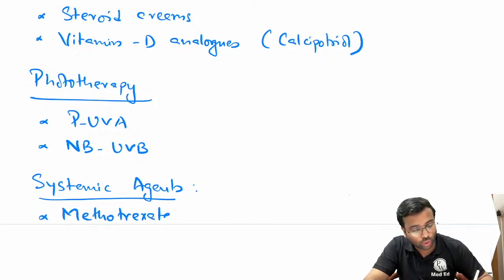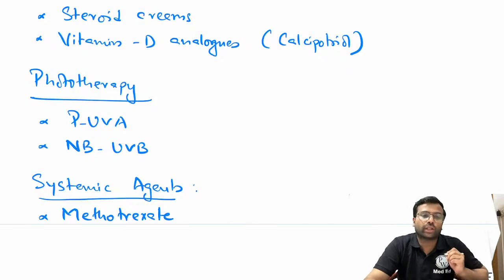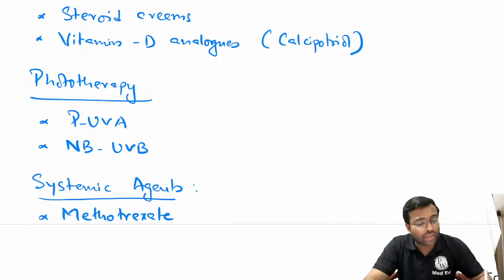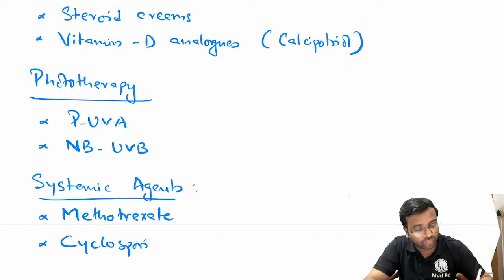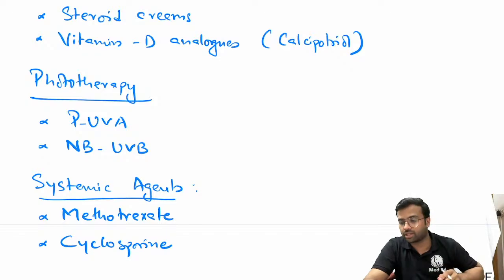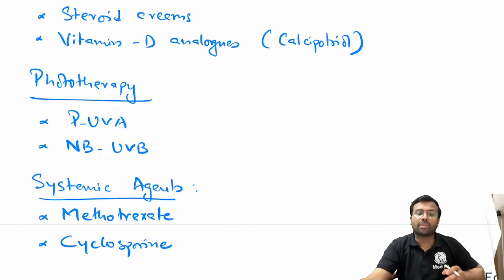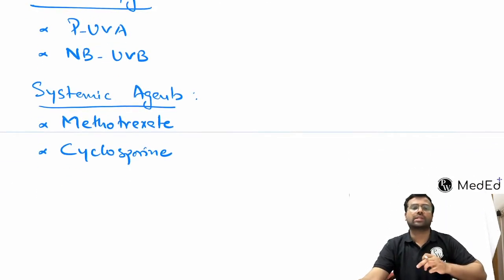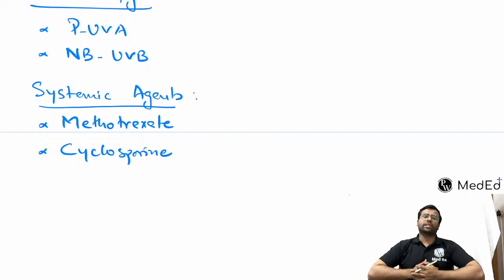methotrexate. The very, very important one, methotrexate, is used for the management of psoriasis. In some cases, if methotrexate is contraindicated, we can also use cyclosporin. Cyclosporin can also be used in systemic agents. After systemic agents, what are the other things that you can add on?